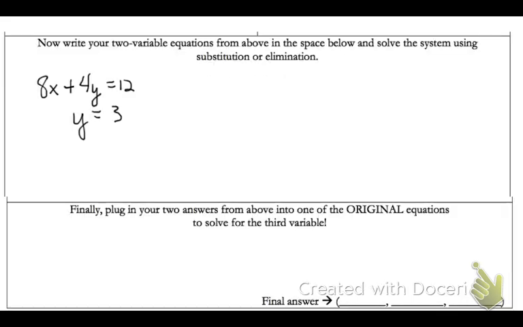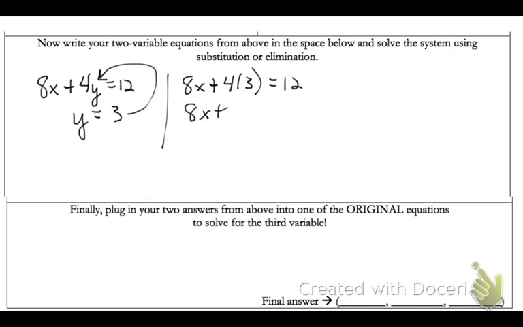Okay, now that we've used elimination with our three-variable equations, and now we have a system of two-variable equations, we ask ourselves, how should we solve this, with substitution or elimination? Well, substitution would be the best, because all we have to do is substitute in 3 for y into that first equation. So we'll have 8x plus 4 times 3 equaling 12.